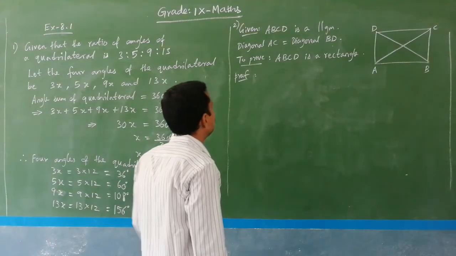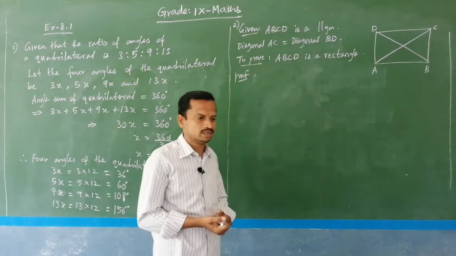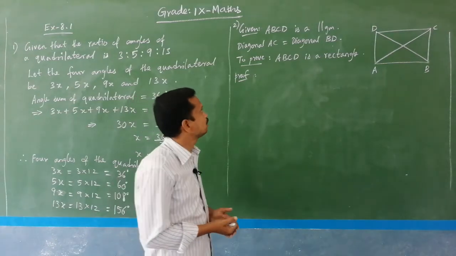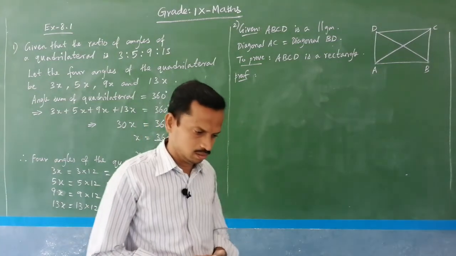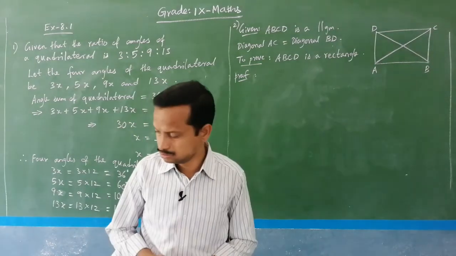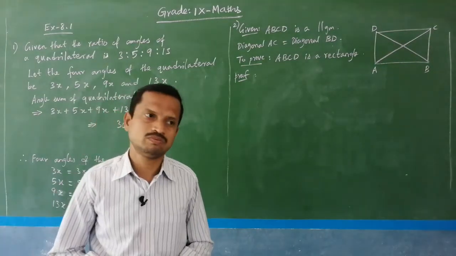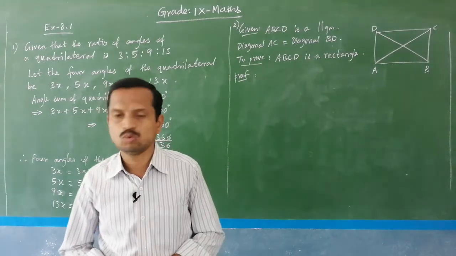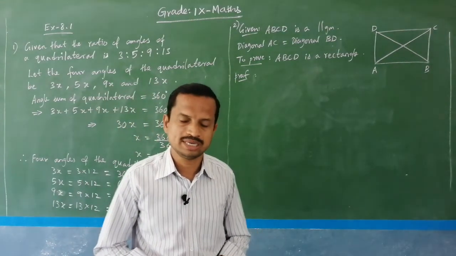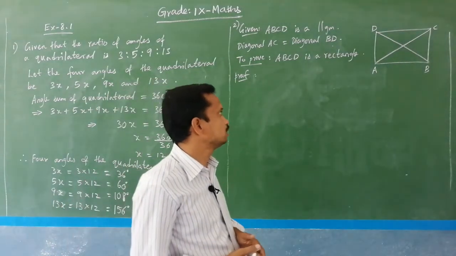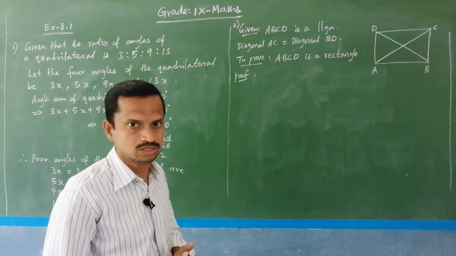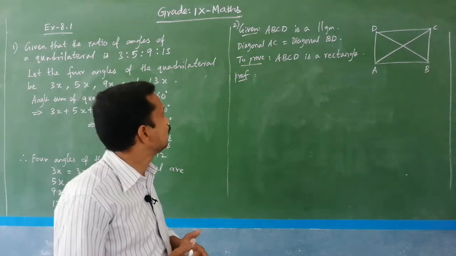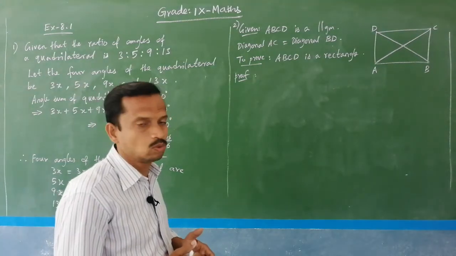So, now question number 2. It is given that a parallelogram with equal diagonals, then it is a rectangle. So, the question is, if the diagonals of a parallelogram are equal, then show that it is a rectangle. So, we take ABCD a parallelogram, and the diagonals are equal.